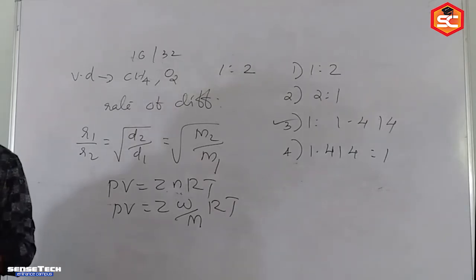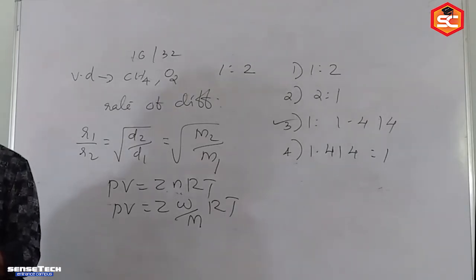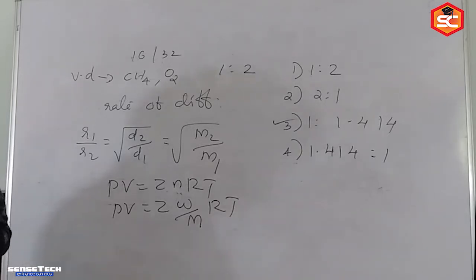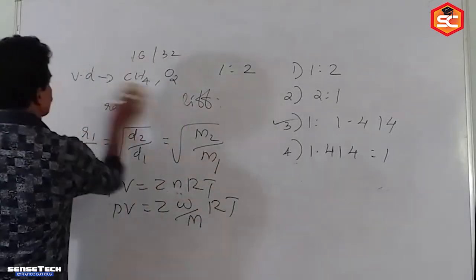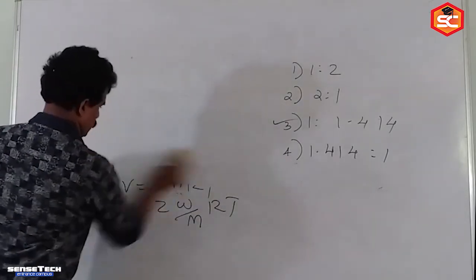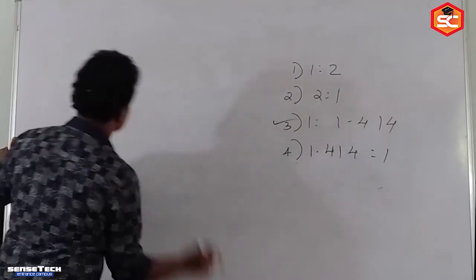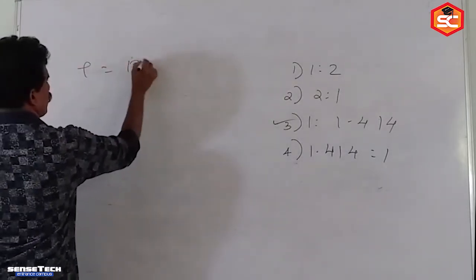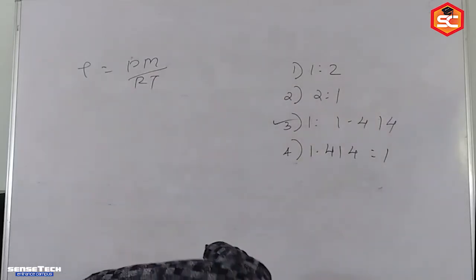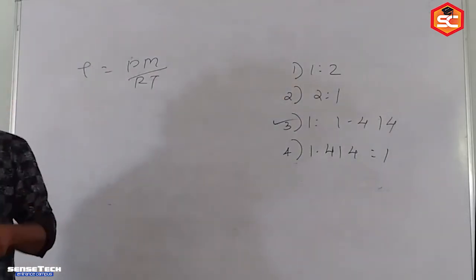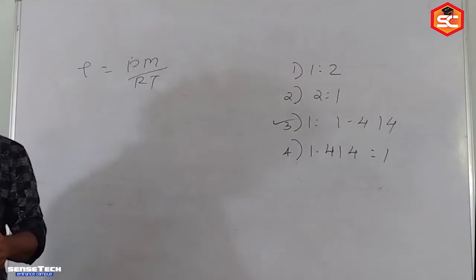At what pressure will oxygen have the density twice the value? So you take the ratio of that density. The density is directly proportional to pressure, because density rho is equal to PM by RT. R is given, temperature also given.